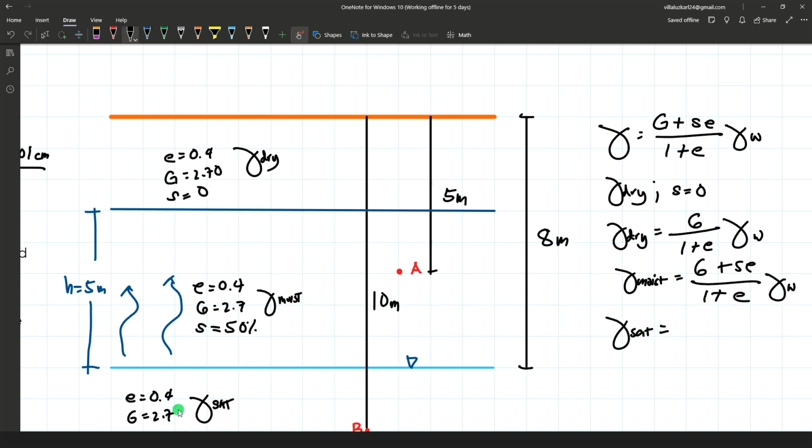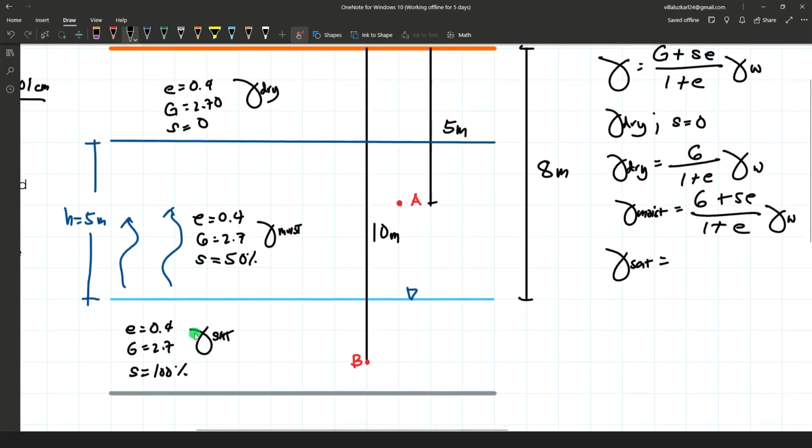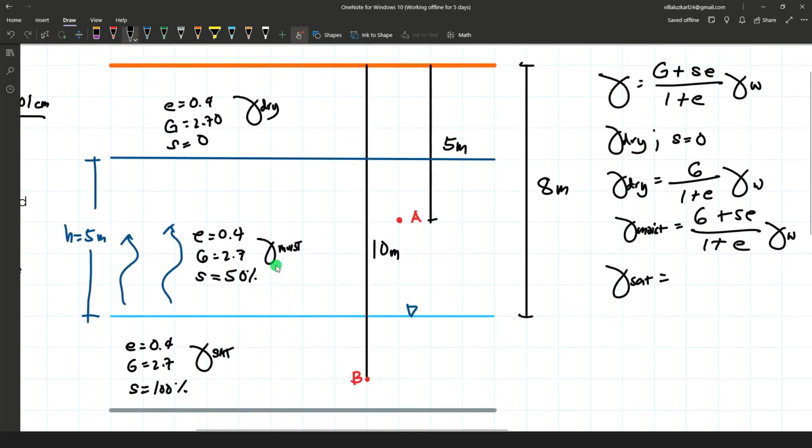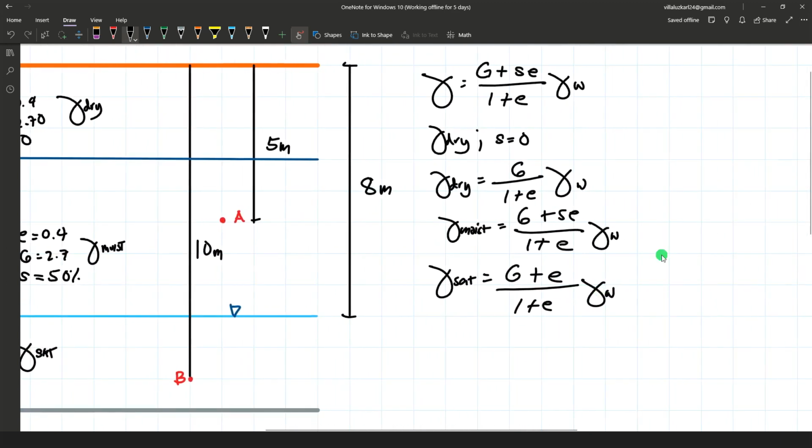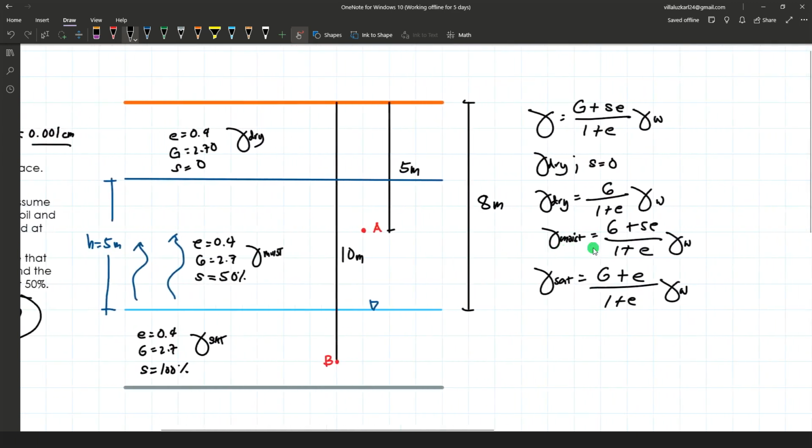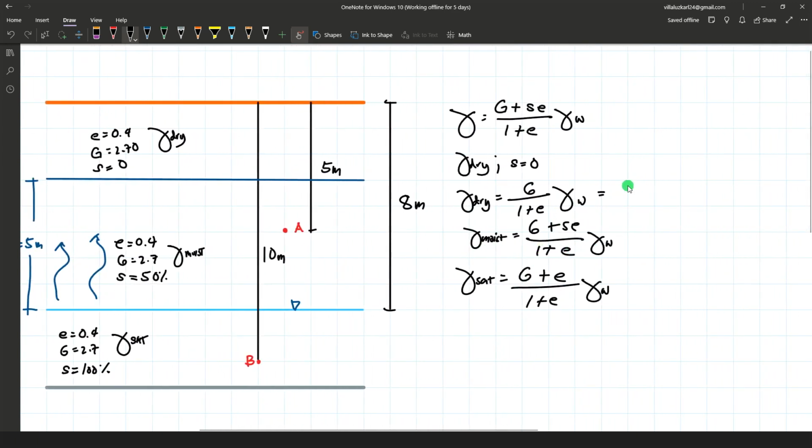For the saturated unit weight, the degree of saturation is 100%, so S is 1. We can write it as G plus E over 1 plus E multiplied by the unit weight of water. So we can now solve the dry unit weight.